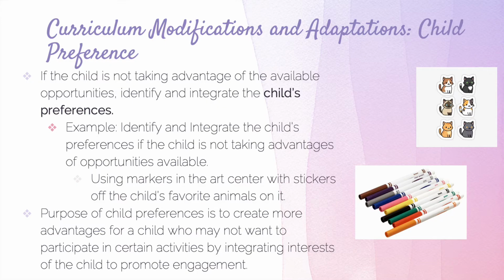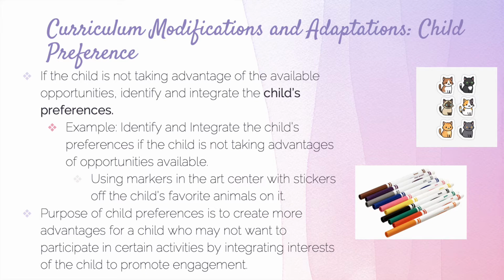So the next curriculum modification we're going to discuss is child preferences, which has to do with promoting multiple opportunities and having children take advantage of this. Now, the most common thing for child preference is to integrate their preferences into an activity.